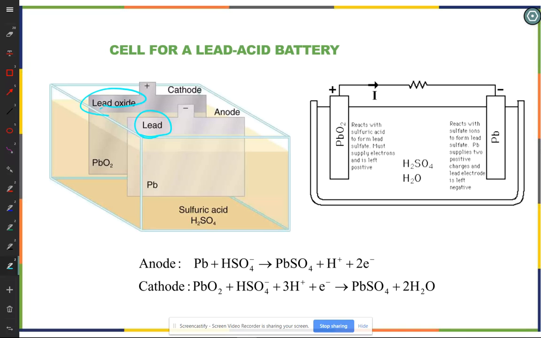So that's going to have a negative charge that's developed because of the chemical reaction. At the cathode, lead oxide plus hydrogen sulfate. So this hydrogen sulfate and these hydrogen ions move through, and those will produce, taking 1 electron, lead sulfate. So notice that both your anode and cathode are becoming lead sulfate over time.